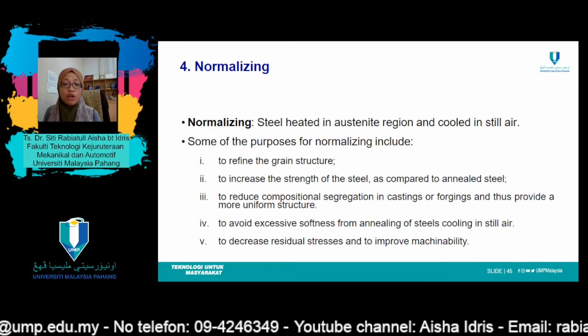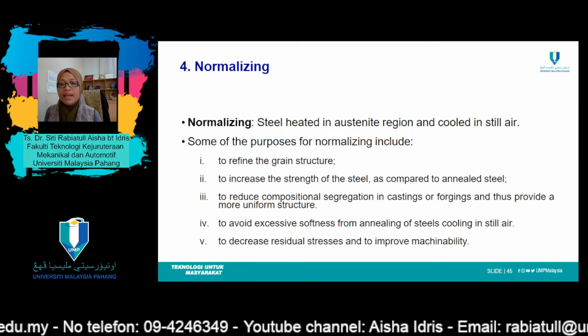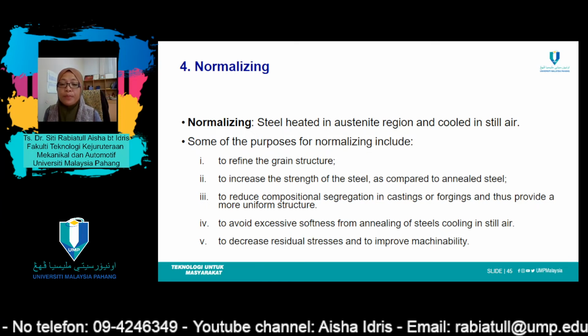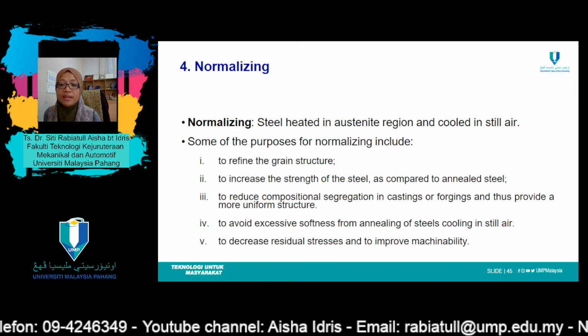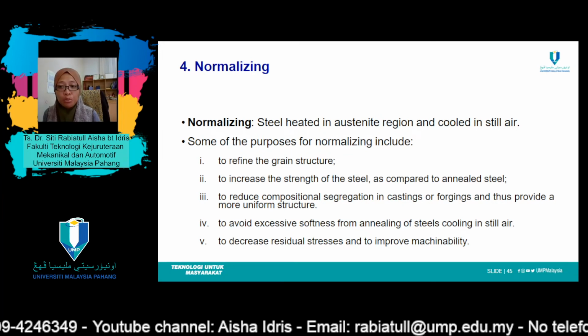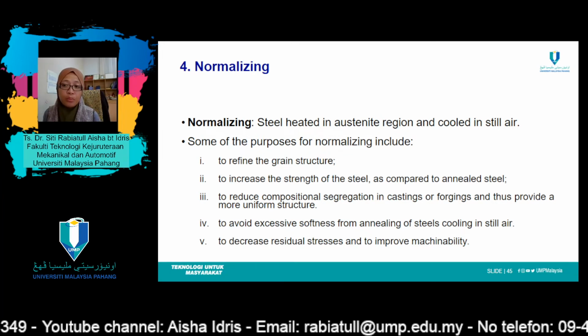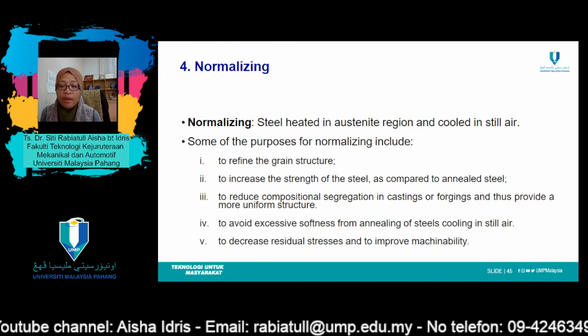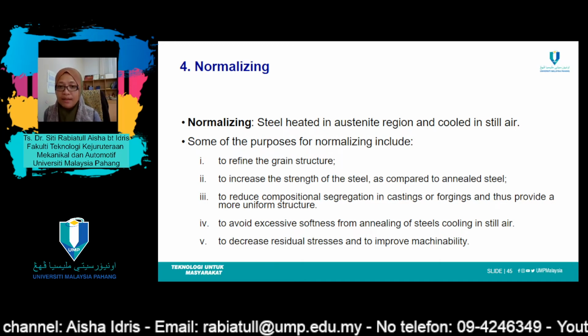Number 4 is normalizing. Normalizing refers to the process whereby the steel is heated in the austenite region and cooled in still air or normal air, and not blowing air or using a fan. No, it's still air.